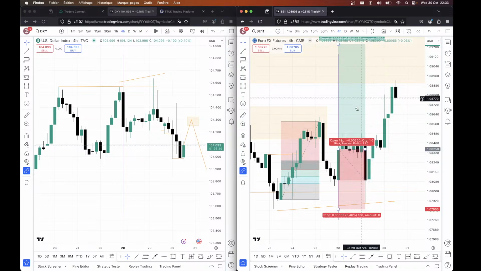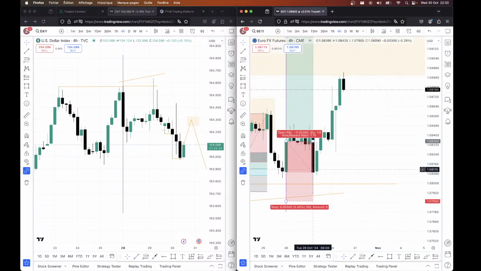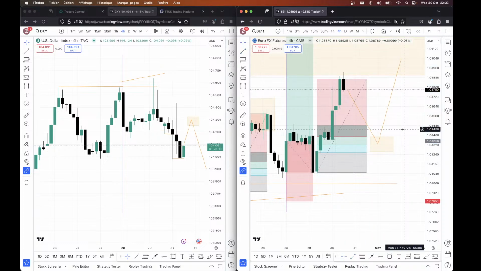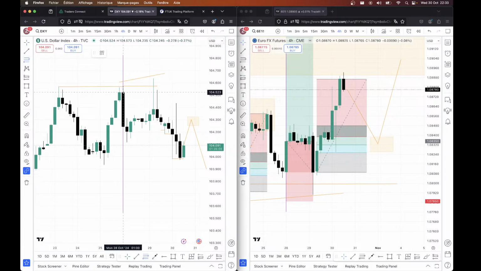If from, let's say, this low, price comes back to this OTE zone on euro, it already has, obviously, but it would be fine for me, and I would still be long on euro if price did something like this. Maybe it will, maybe it won't, but that's exactly the same here for DIX.